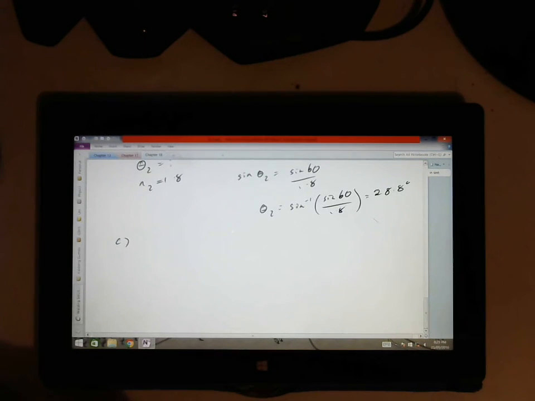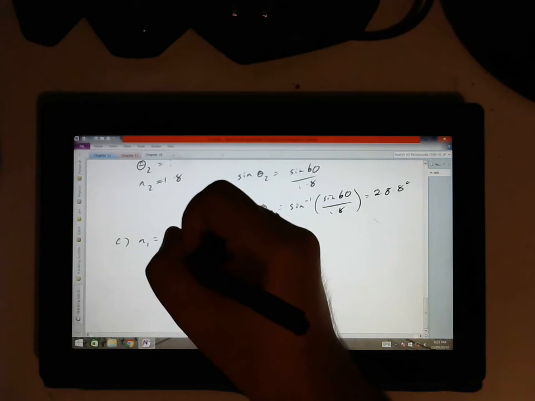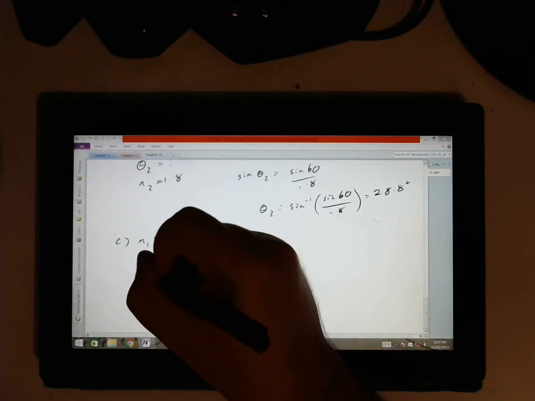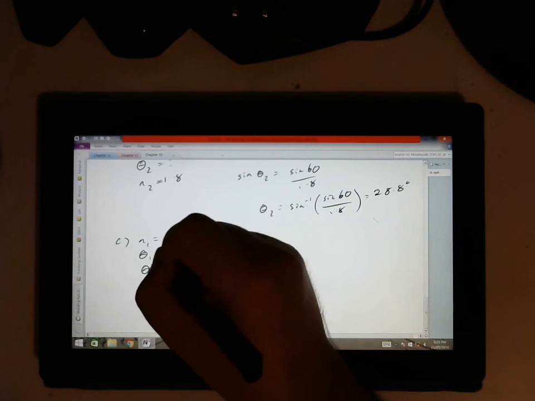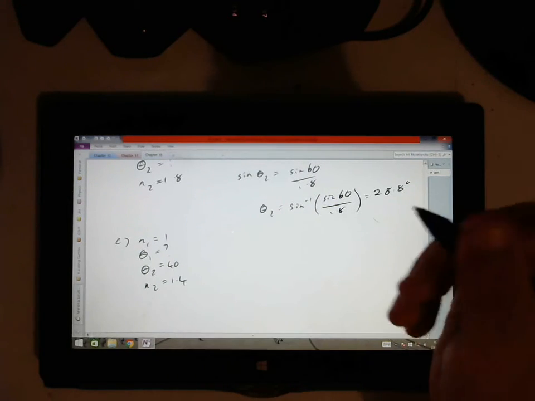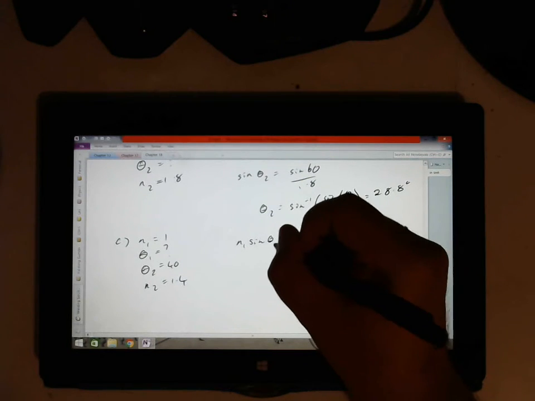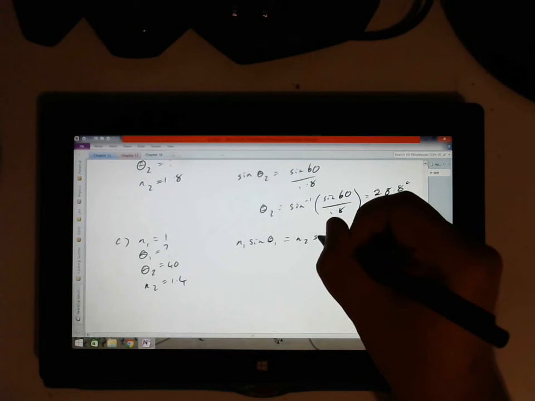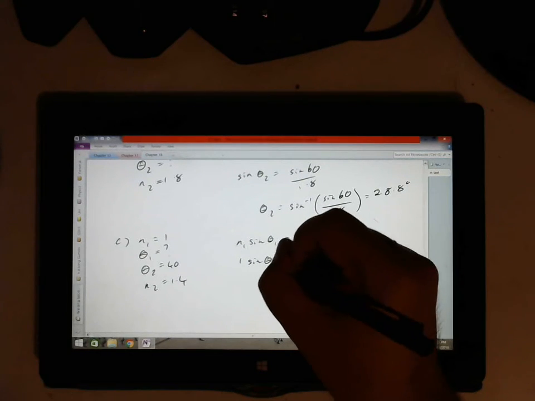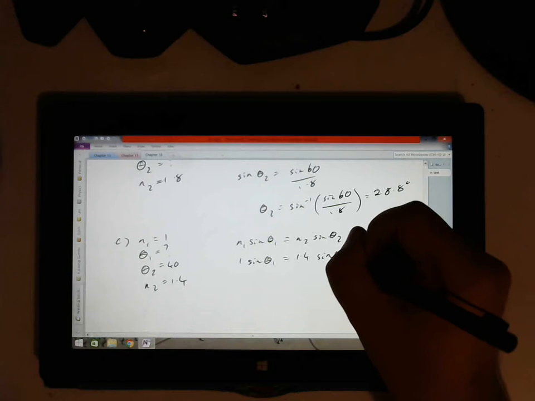This time we have n1 equals 1, still. Theta 1 equals, I don't know. Theta 2 equals 40. n2 equals 1.4. Snell's law: n1 sine theta 1 equals n2 sine theta 2. 1 sine theta 1 equals 1.4 sine 40.